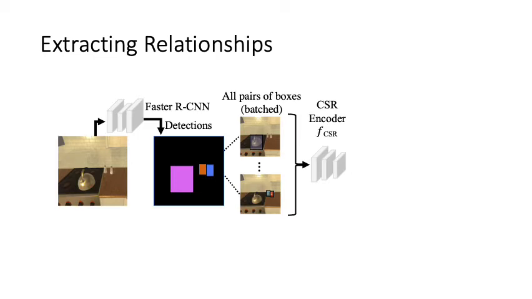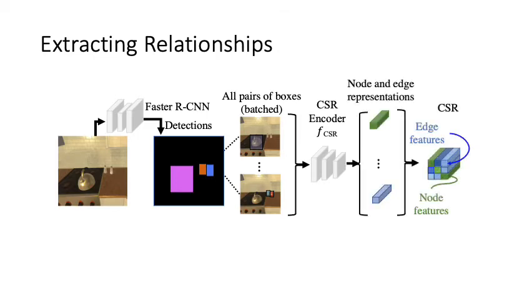The pair of boxes gives information about what relationship the encoder should consider in the image. The encoder maps the 5-channel inputs to a CSR embedding space. When the 4th and 5th channels contain the same box, the features are object features. Otherwise, they are edge features encoding the relationship.